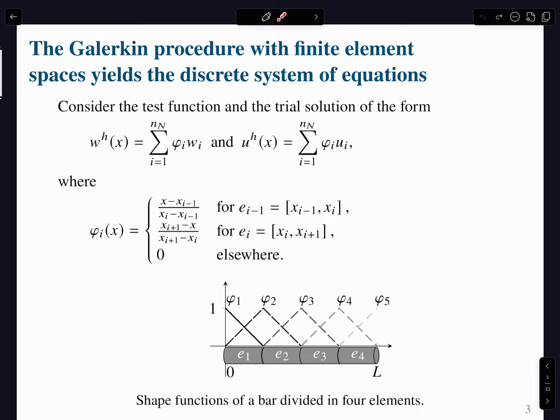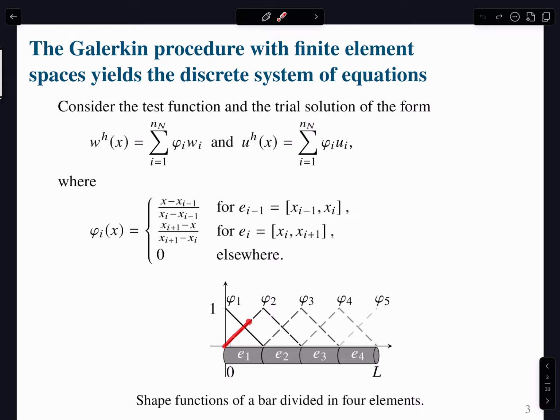In reality, this function is actually non-zero in this entire domain, these two elements. And so in more advanced formulations, we can no longer say that we can associate one function to a given physical location of a node, but to a region. That region in the finite element method is called the support of the function.